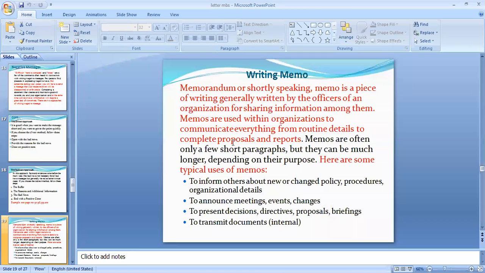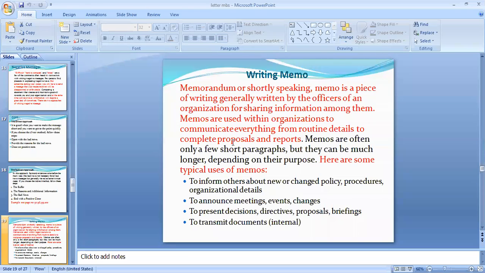Email is replacing memo. Memo is a good piece of writing in the context of the pre-digital era. In the past, the officers in the organization used to write memos to address all the staff.